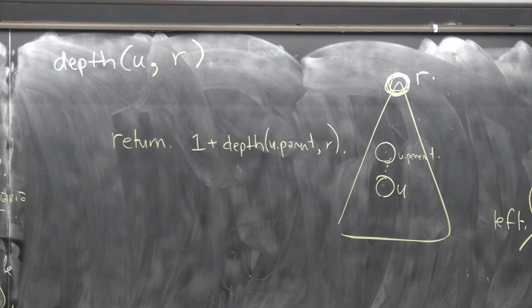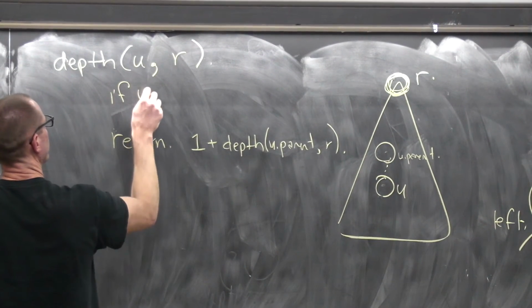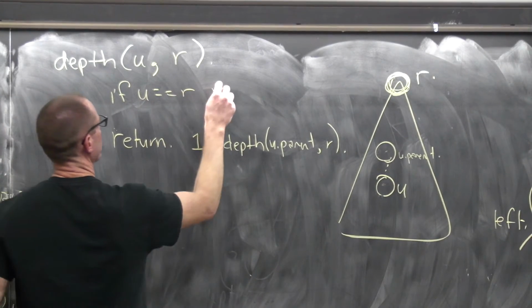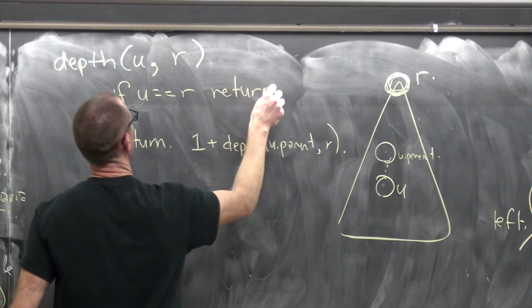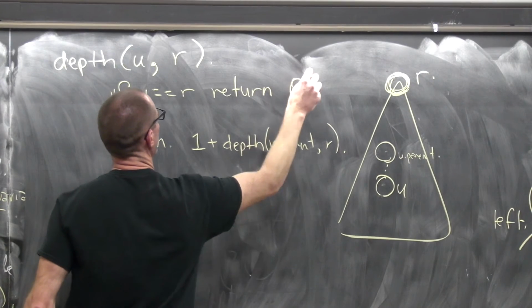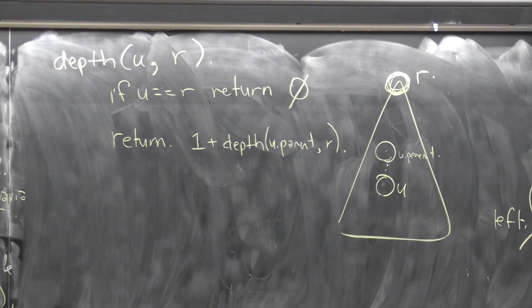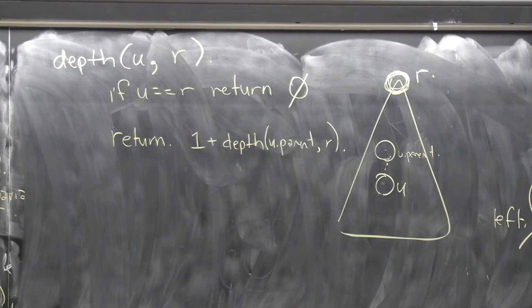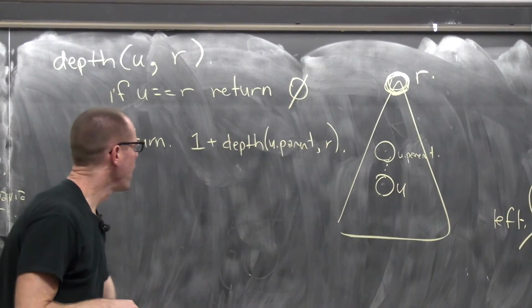What's the base case? u equals R, return 0. Yeah, the root has depth 0. The depth is the distance to the root. If you are the root, you're at distance 0 from yourself.